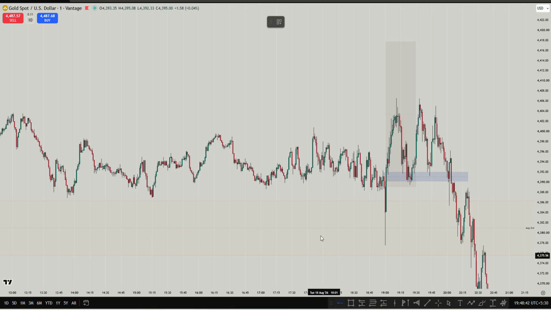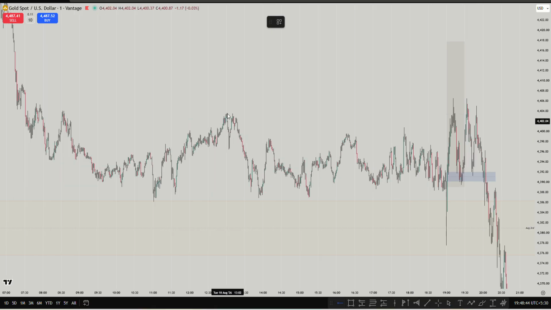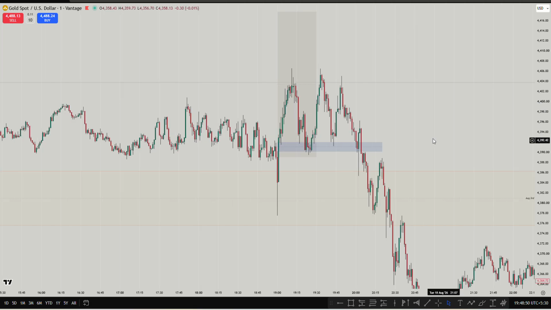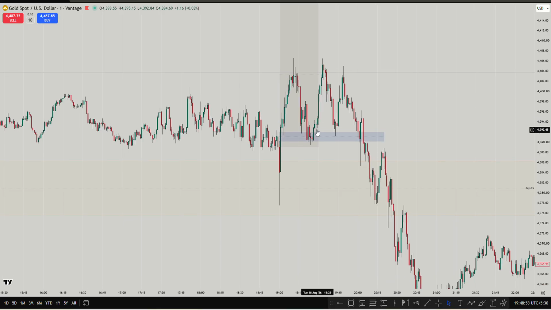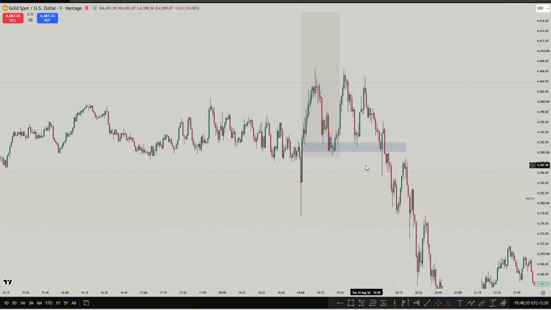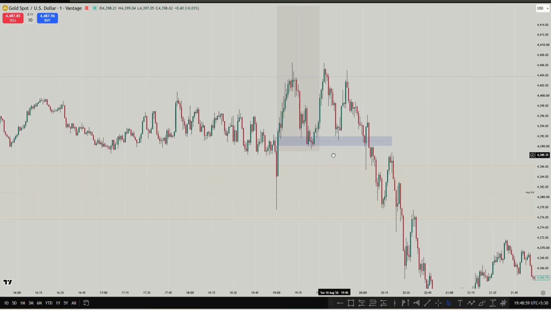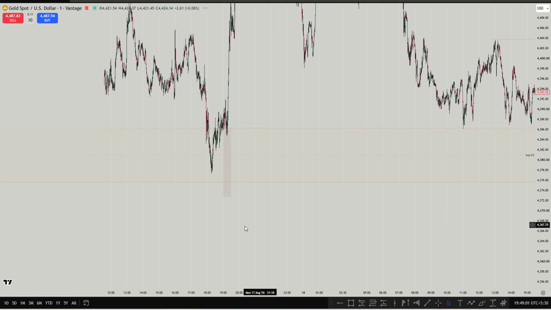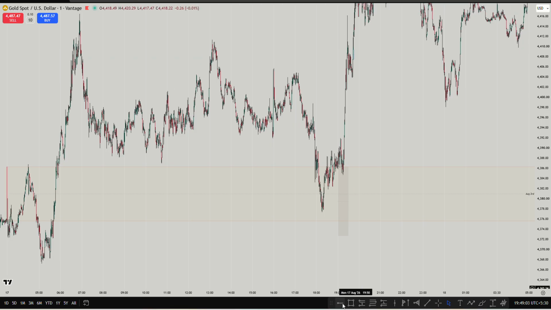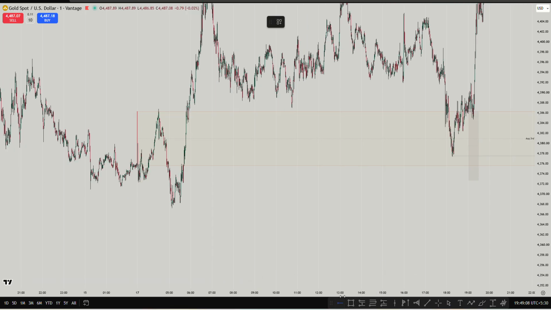The trade I took here, we swept that liquidity here, but I didn't wait for the shift of structure. My target is basically these liquidities and this liquidity, which is the main target, the 17 August low.